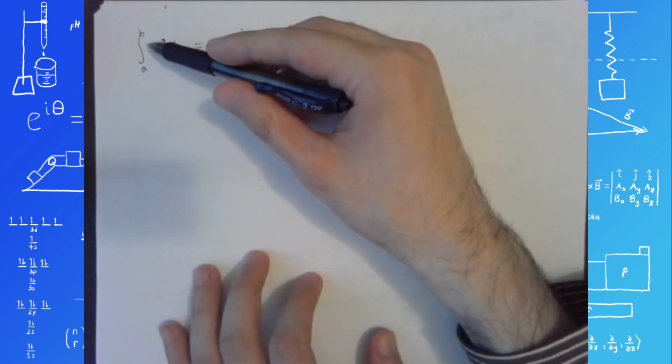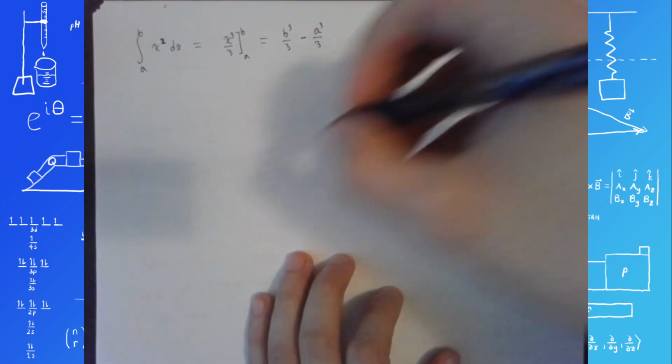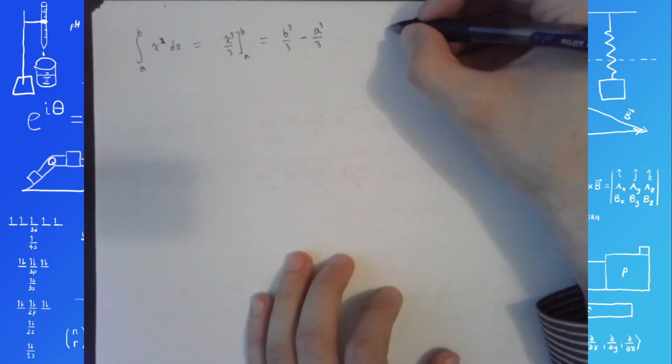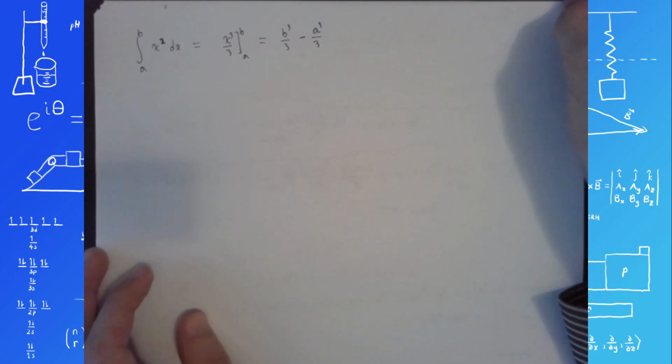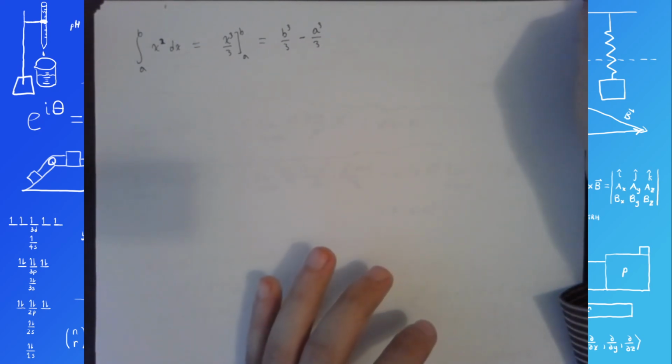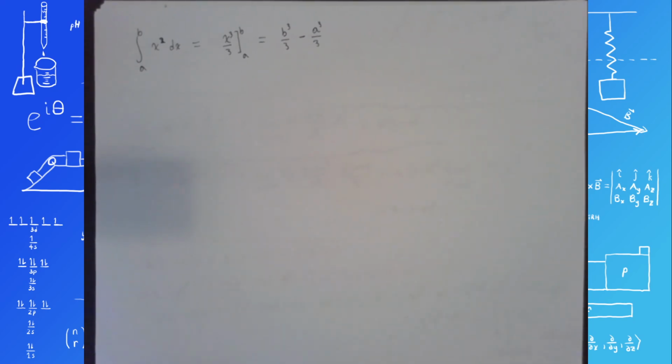When an integration has bounds, it is called a definite integral. So this is an example of a definite integral. When an integral doesn't have bounds, that's called an indefinite integral. It has multiple possibilities for what it could be, because you're basically doing the opposite of a derivative, except a derivative is a one-way process, while the integral is not, because there's more than one function that has the same derivative.